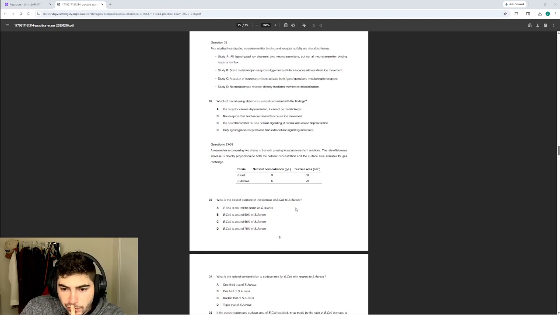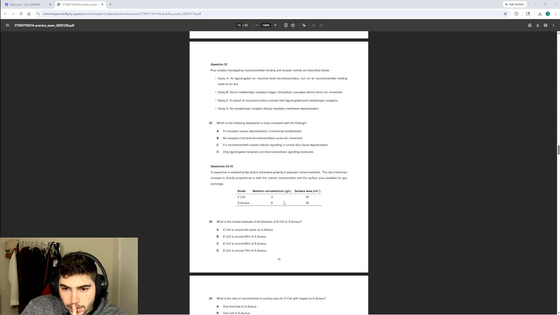What is the closest estimate of the biomass of E. coli to S. aureus? So this looks like ratios. Guessing we need a little bit of maths. I remember the stem.